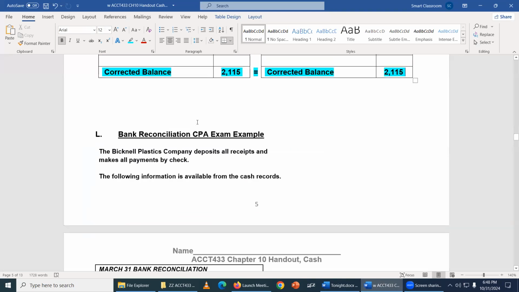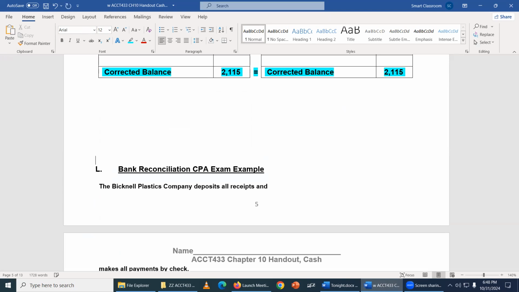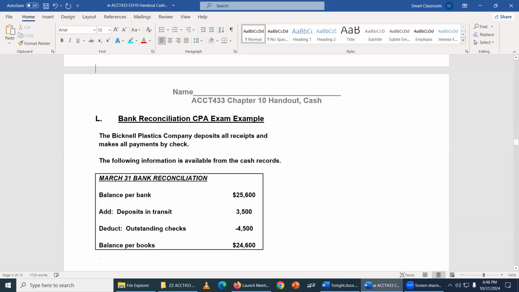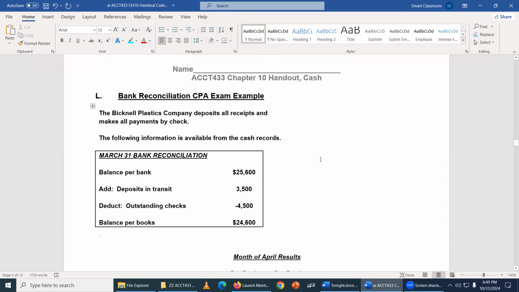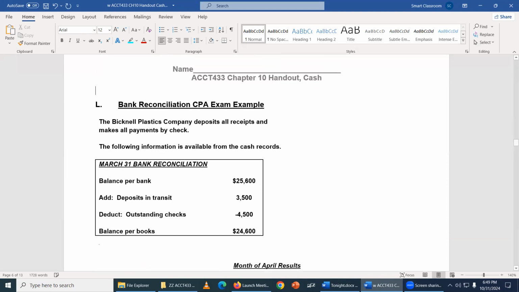I am going to skip the next bank reconciliations. These take a really long time. One similar to these actually did appear on a CPA exam, but this was back in the day when I was taking it. These would be like the 40-minute questions they really don't have anymore.